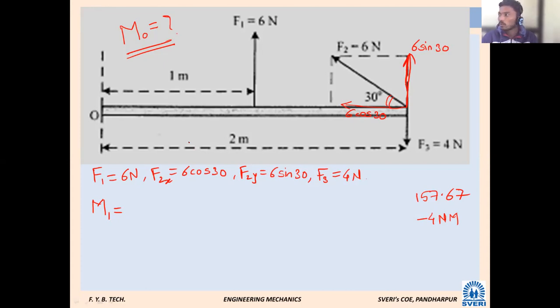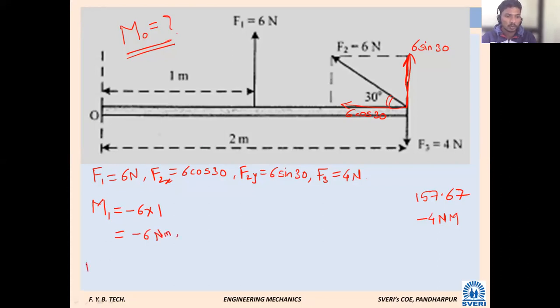How do we take an anti-clockwise moment? Negative. So minus 6 into the perpendicular distance between the line of action of the 6 Newton force and point O, which is 1. So minus 6 Newton meter.